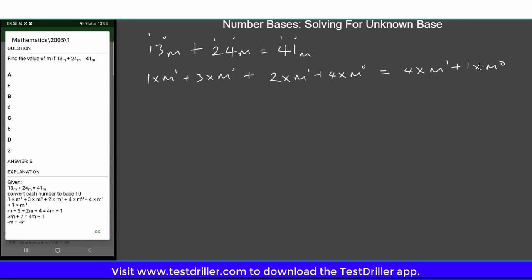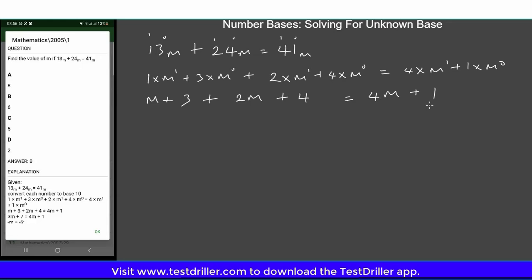So what's 1 times m? That will give you m. Note that as long as m is not 0, m raised to the power of 0 is equal to 1. So we can say this will give you 3 times 1. So that's 3. The same applies to this. So you say 2m, then plus 4 times 1, that will give you 4. Then the same 4 times m, that's 4m, then plus 1 times 1, that's 1.